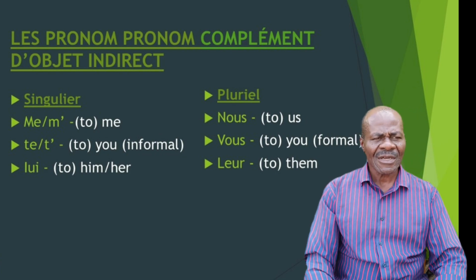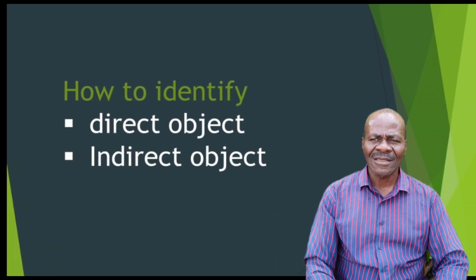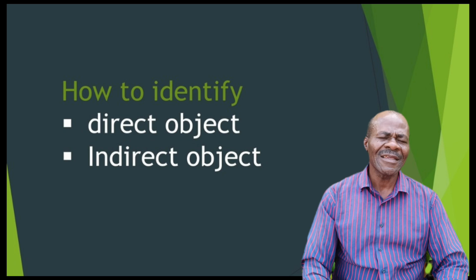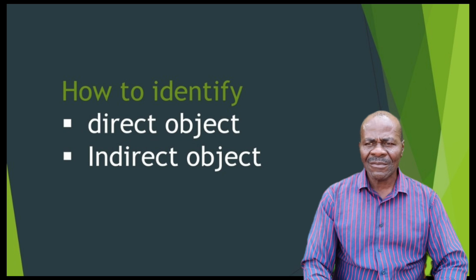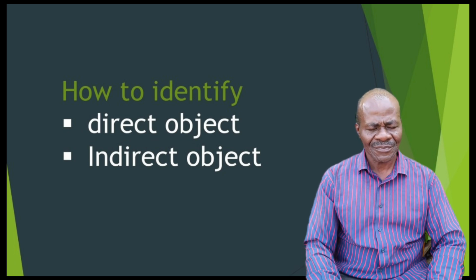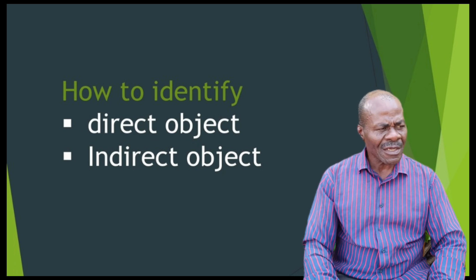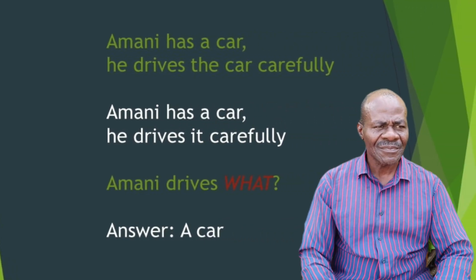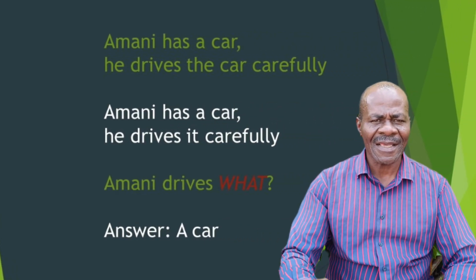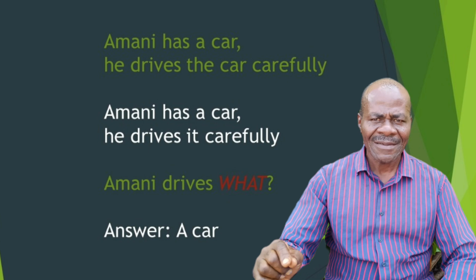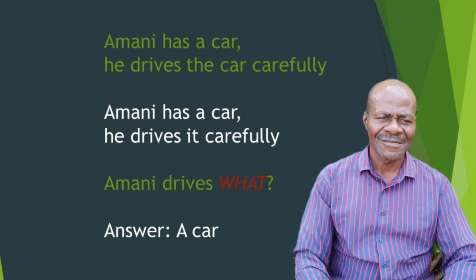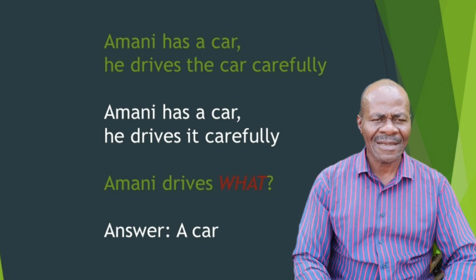The question we can ask ourselves is how to know whether this object is a direct object or an indirect object. Let us take an example in the English language. Amani has a car.